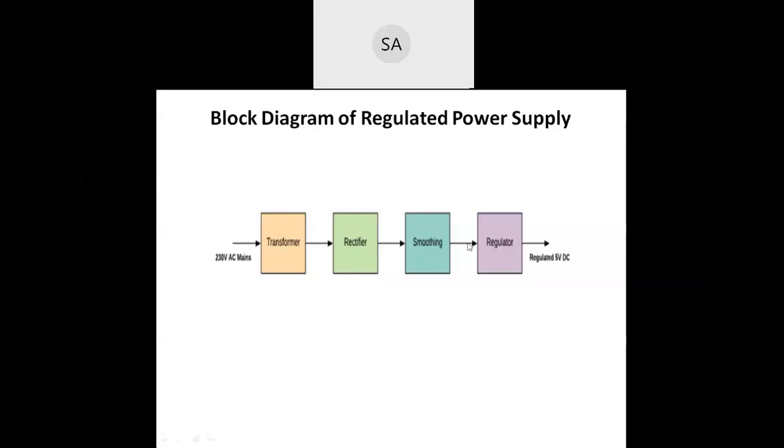In place of the smoothing circuits we use filters, and the output of the filter is a DC supply that is applied to the regulator. The output of the regulator is a regulated 5 volts DC, a constant output voltage.